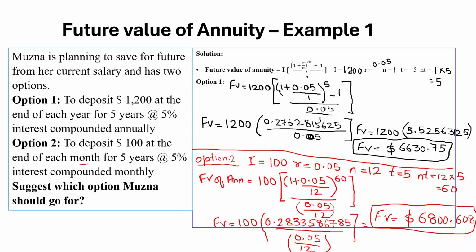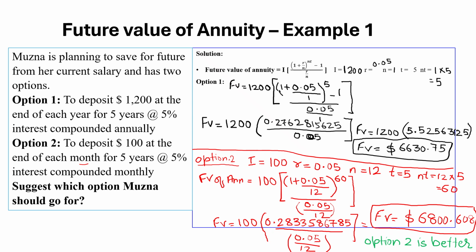So which option is better? We will write it down here. Option 2 is better. Masna should go for option 2 because she is getting more returns.